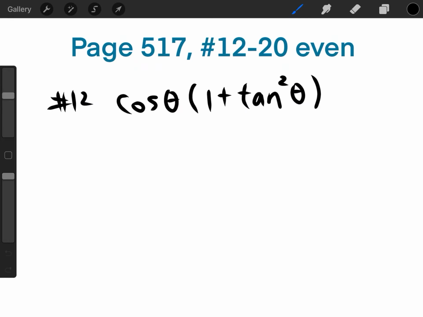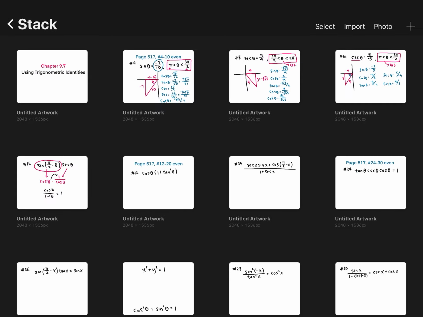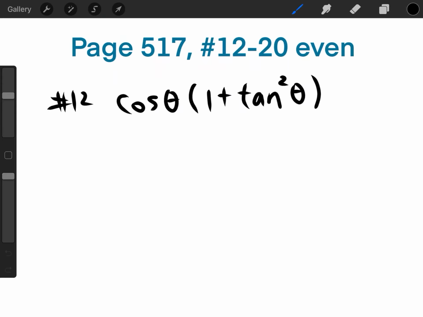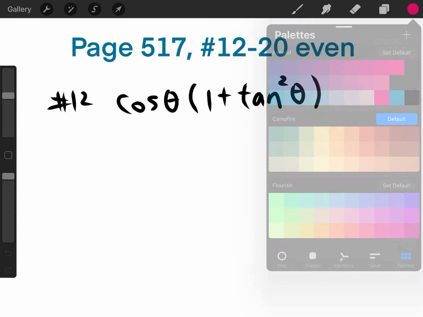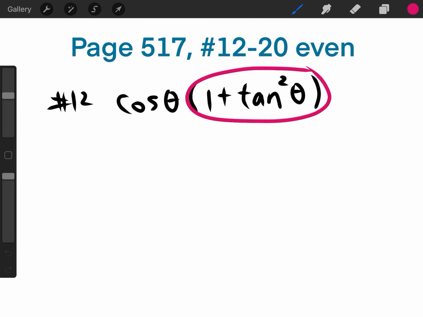Okay, let's go ahead. I was doing number 16 earlier, but now this is number 12. So this time, you can look at the identities. This is coming from the Pythagorean identities, and this is going to equal secant squared theta.